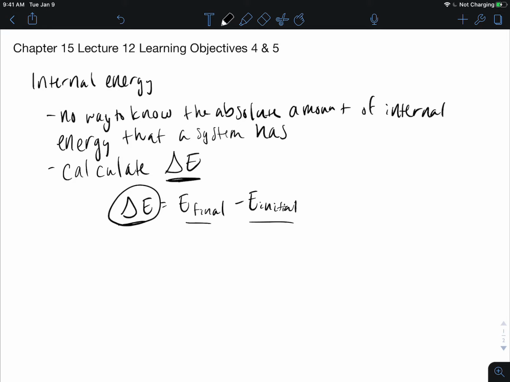So if we think about someone going up a mountain, the amount of work and heat they expend depends on what path they take. So they can go straight up, or they can zigzag back and forth over and over. And that will change the amount of work and heat that is used in this.